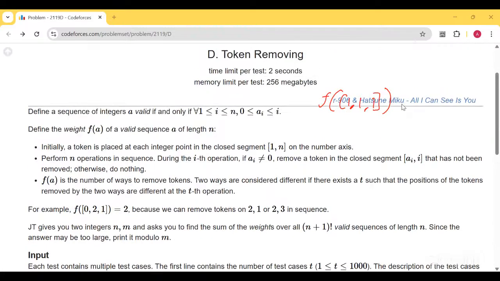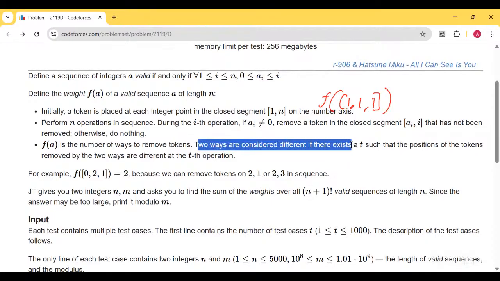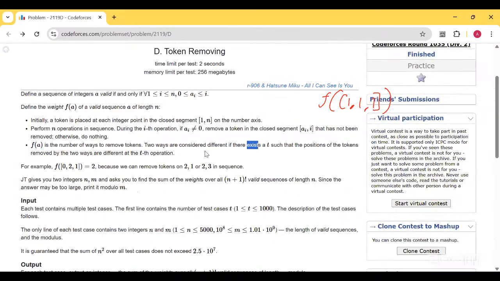Why is it not valid? Okay. One. I think more than one. Wait, two ways are considered different if... okay.